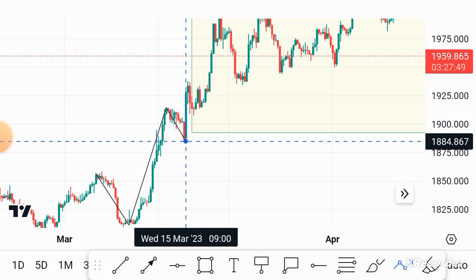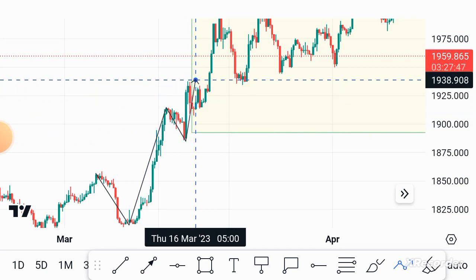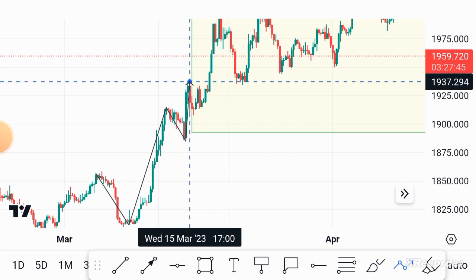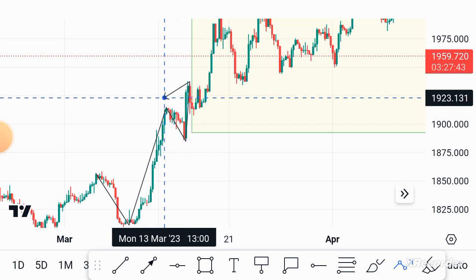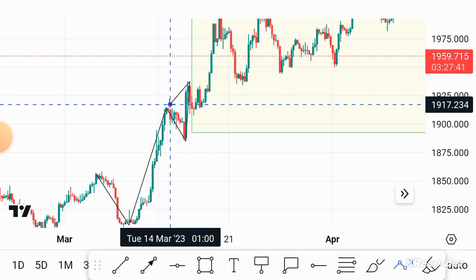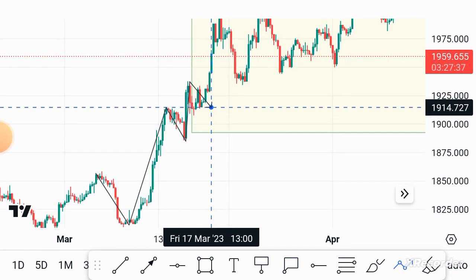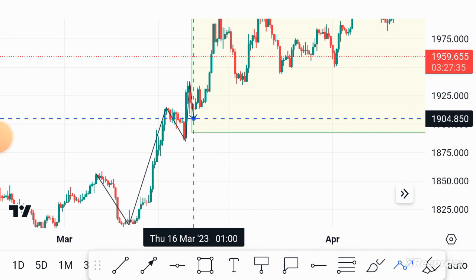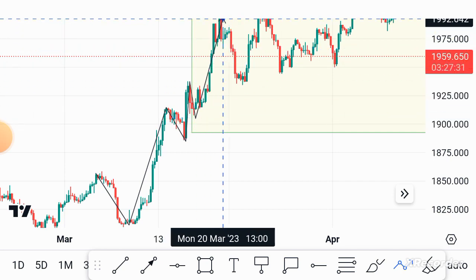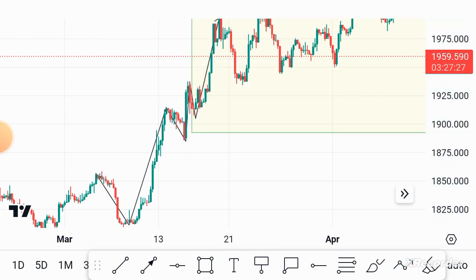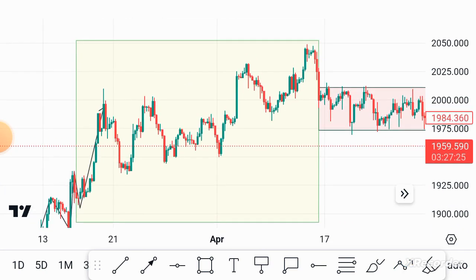It got to this point, and then this is an impulsive price movement to this point here. It broke the previous higher low, and what we saw next was a correction. Price corrected itself to this very point, and then it went all the way to the upside.